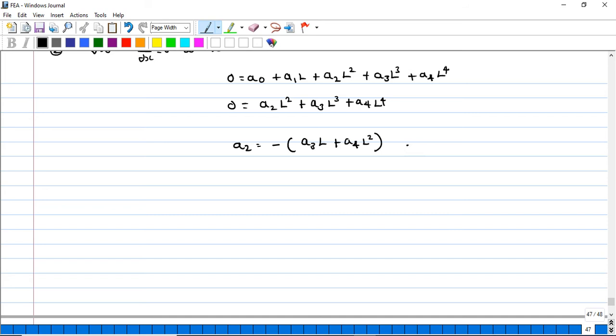Let me assume this as equation 4. See, we also found out what is a2. Previously we found a0, a1, now we found a2.